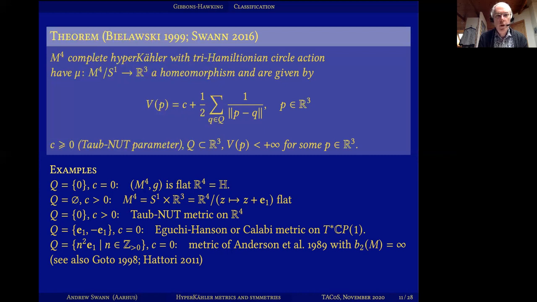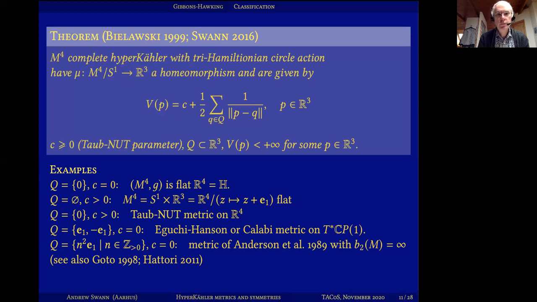So there are also examples where Q is infinite. The first of these was given by Anderson, Kronheimer and LeBrun. So you need to take the points to be fairly well spaced out to make this sum converge. And what they did was take points along the positive x-axis lying at n squared.